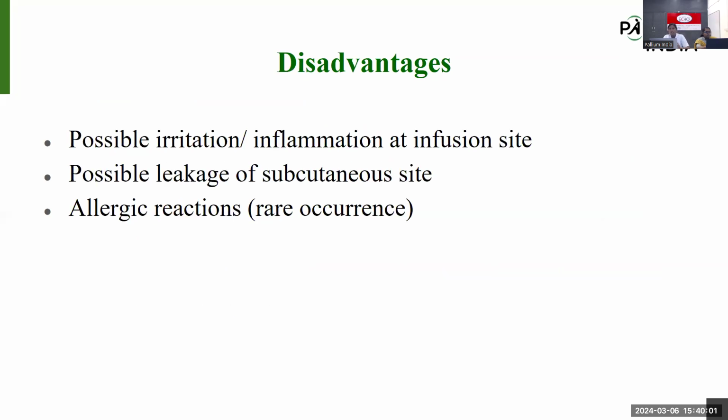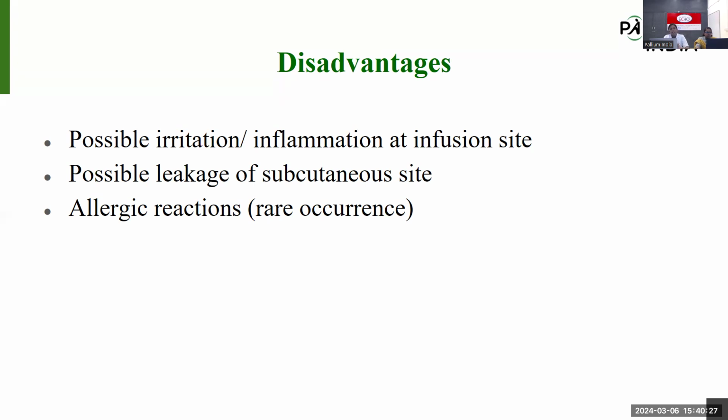And next are some of the disadvantages. There is possible irritation and inflammation at the infusion site. So we should make sure the fluid is isotonic and there are no oily preparations. Otherwise, it will cause irritation and inflammation at the infusion site. Then possible leakage at the subcutaneous site.